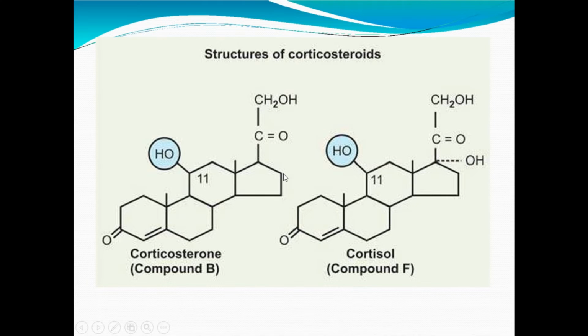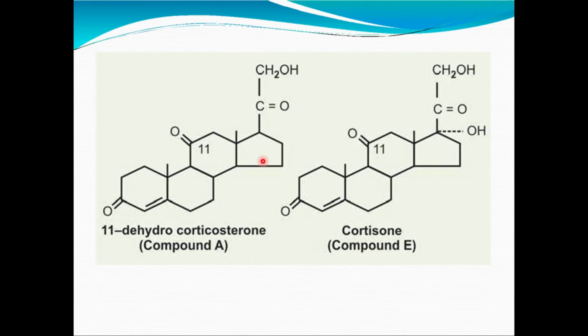If we look at the structure of corticosterone, we can see that there is only one hydroxy group at carbon number 11, while the other hydroxy group is absent. In cortisone, there is a hydroxy group along with the carbonyl carbon, but at carbon number 11, the hydroxy group is converted to a ketone group.